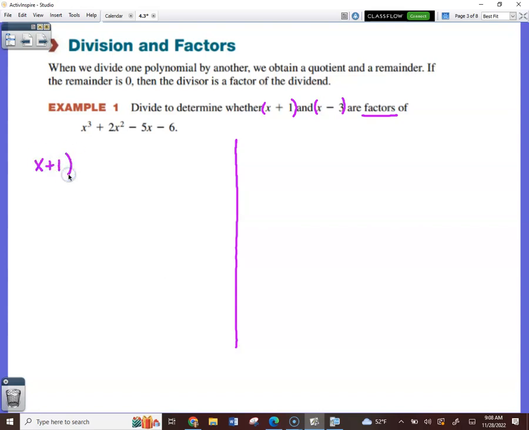You've got your little doghouse division bar. The polynomial it's dividing into goes underneath. That's how you set it up, okay?